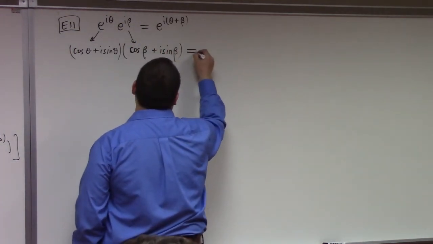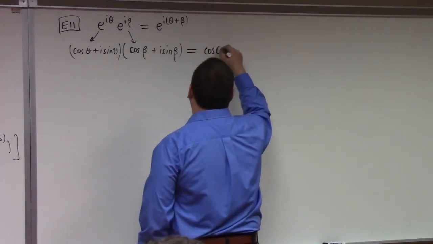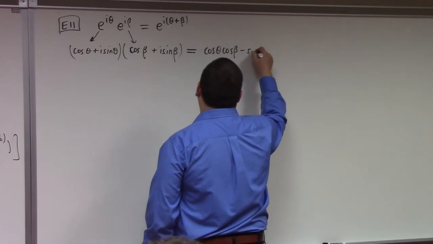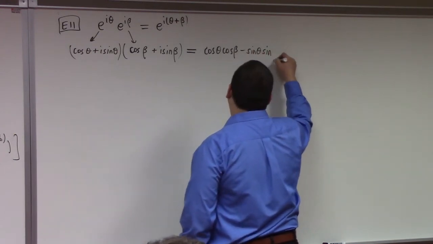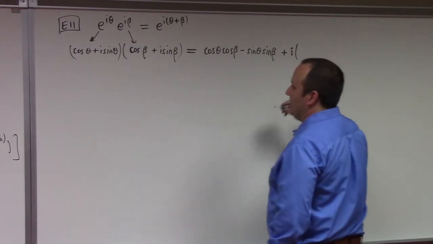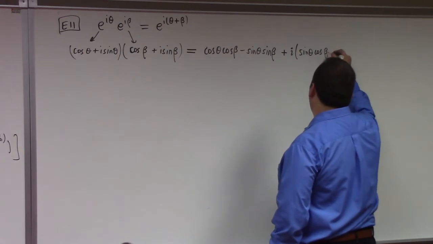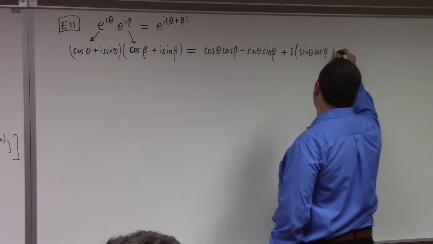Now, multiply that out. What do you get? You get cos theta cos beta minus sine theta sine beta, plus i times what? i times sine theta cosine beta plus cosine theta sine beta.